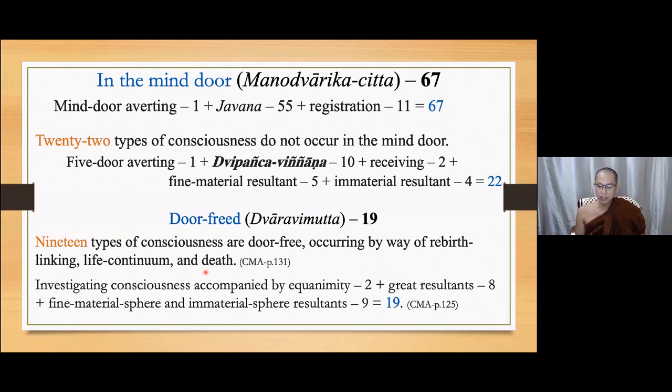So the object is not new. The process is not in active form, it is passive form. So at the moment of rebirth-linking, life continuum, and death, the occurrence of one of the 19 performing these 3 functions is regarded as passive, not active, because the object is not a new one. In this way we understand these 19 consciousness are door-free, vithi mutta.